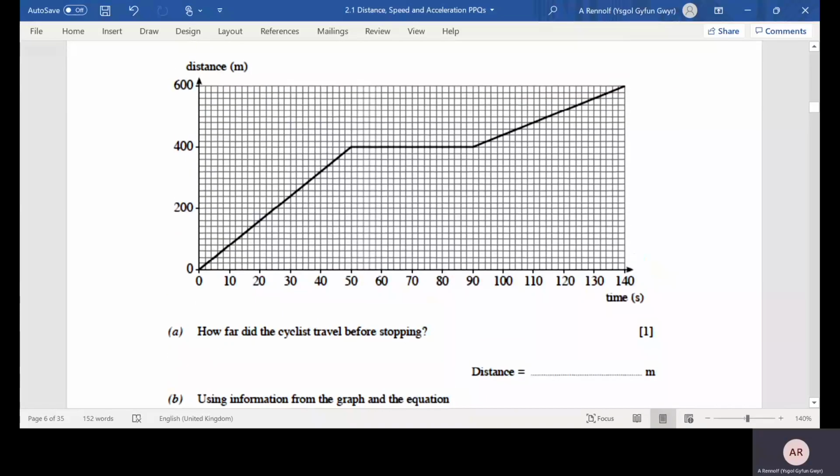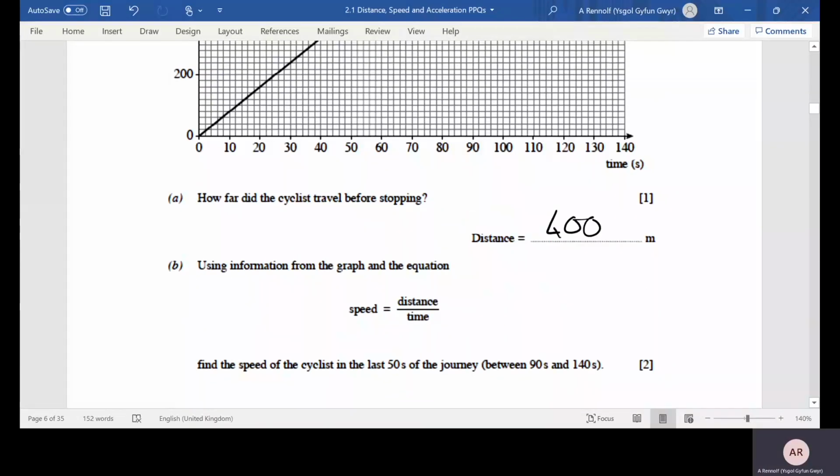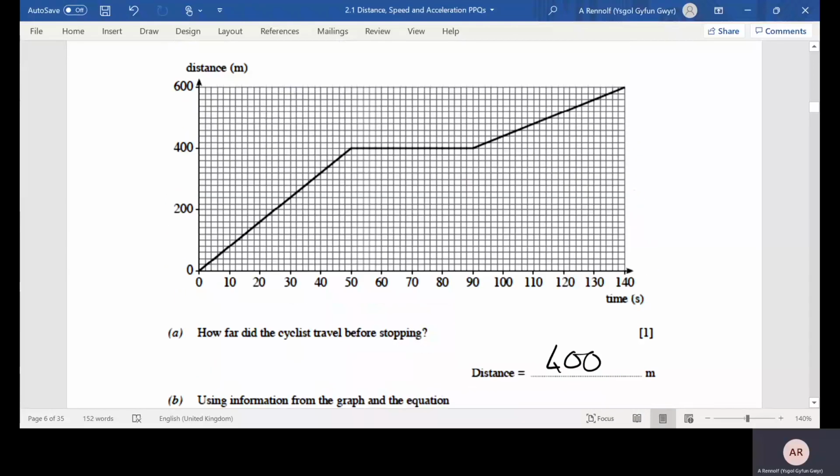How far did the cyclist travel before stopping? Well, stopped at 50 seconds, gone 400 meters. Using the information from the graph and the equation speed equals distance over time, find the speed of the cyclist in the last 50 seconds of the journey. So the last 50 seconds, we start at 90, we end at 140. Starting at 400 meters, finishing at 600.